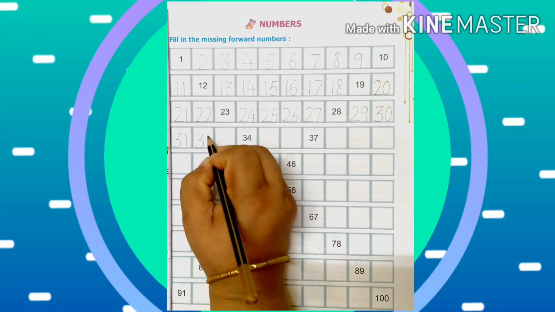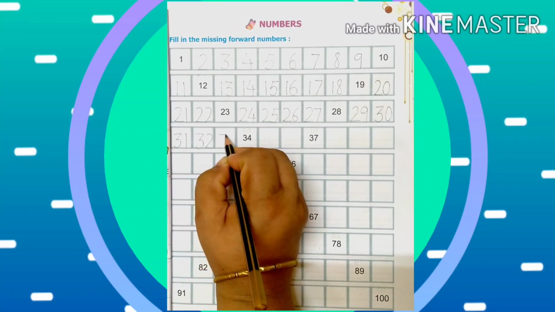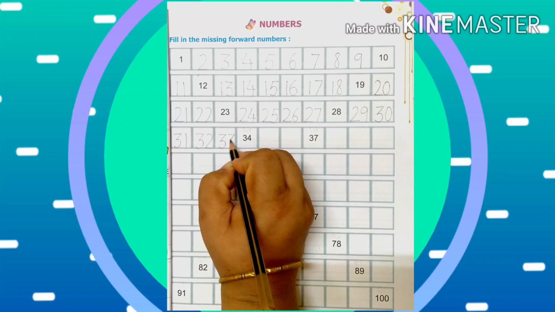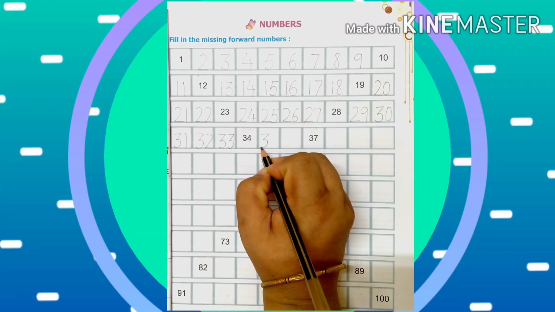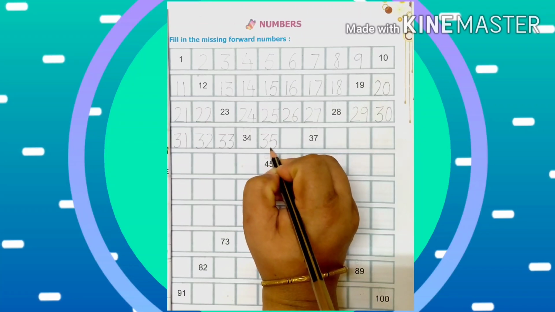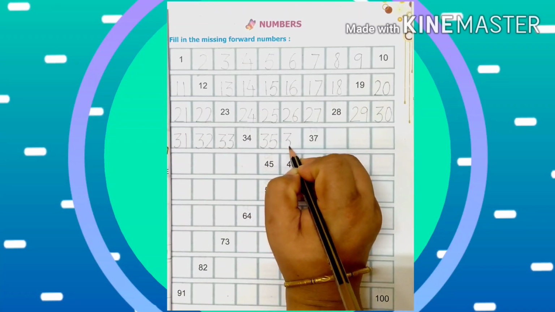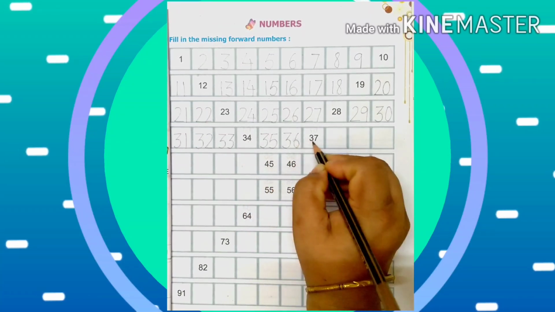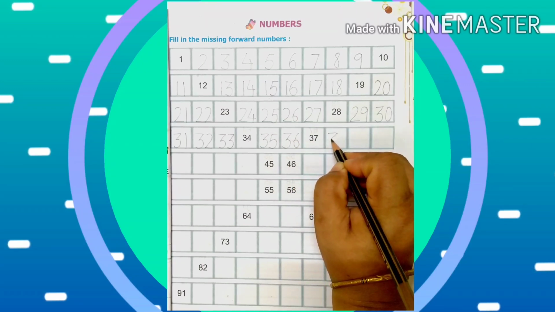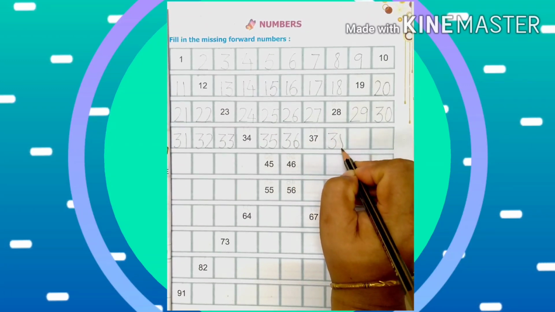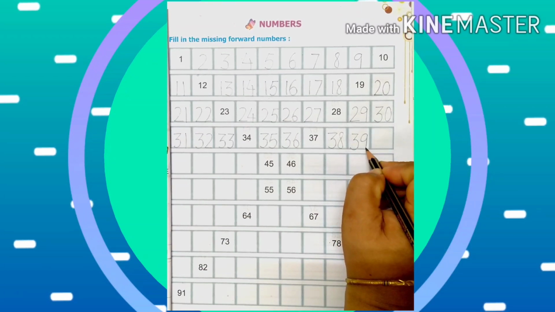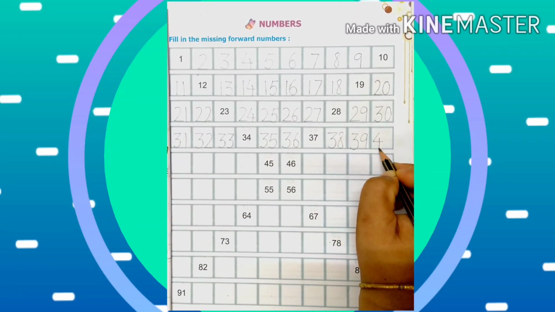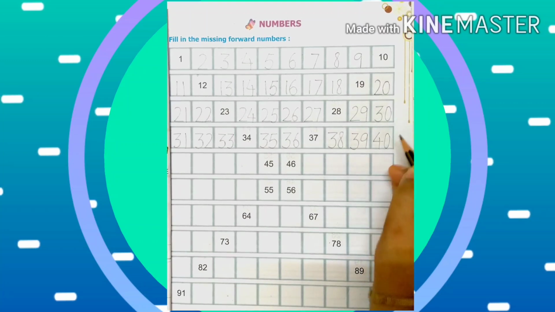32, 33, 34 is written. After 34 comes 35, 36, 37 is written. After 37, 38, 39, 40.